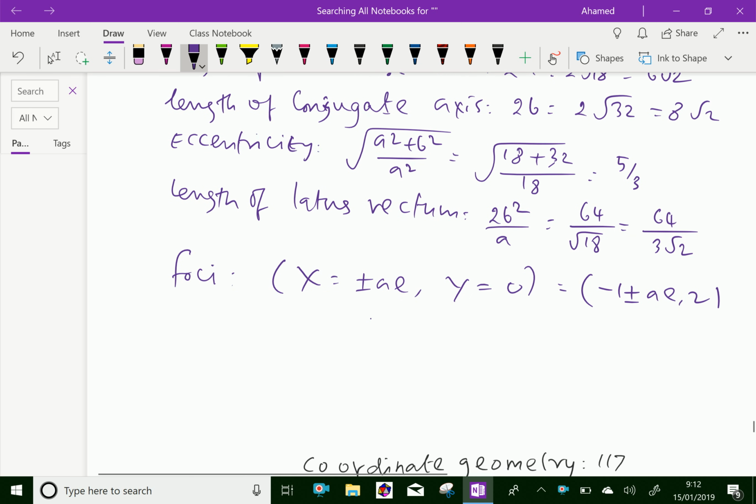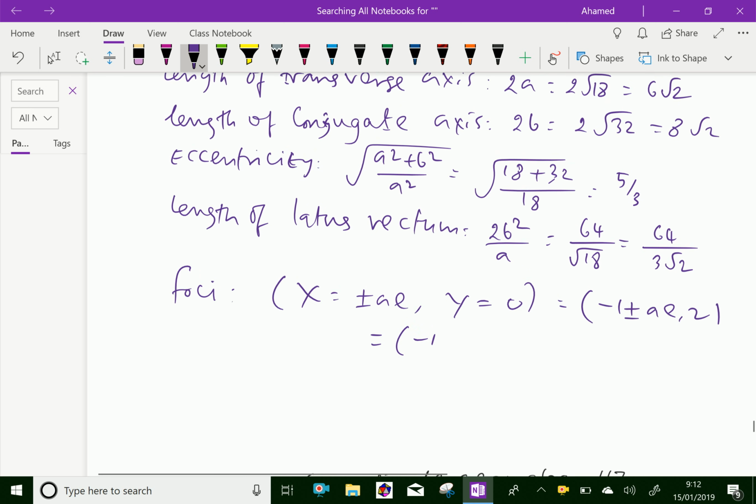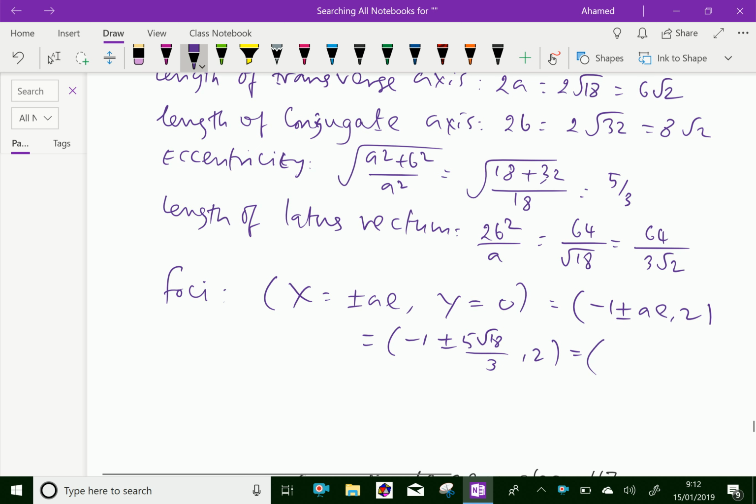So which is further equal to minus 1 plus or minus 5 root of 18 over 3, comma 2, which in simplified manner gives minus 1 plus or minus 5 root 2, and 2.